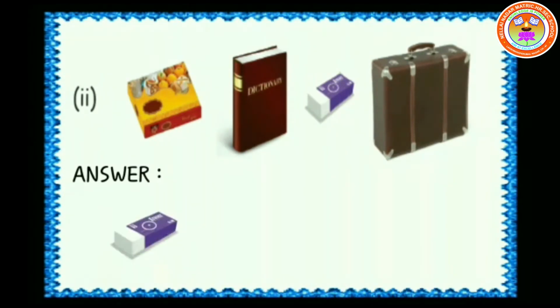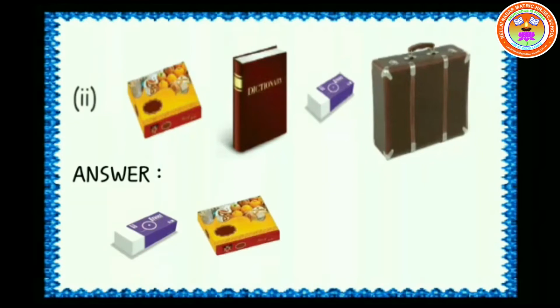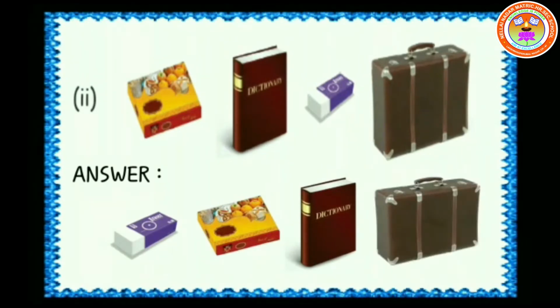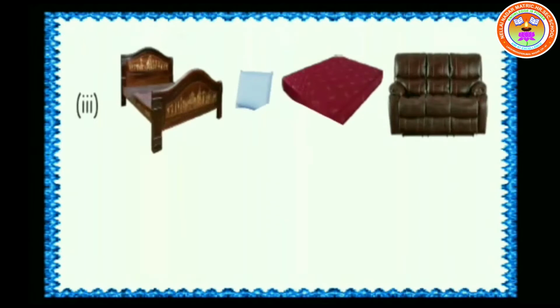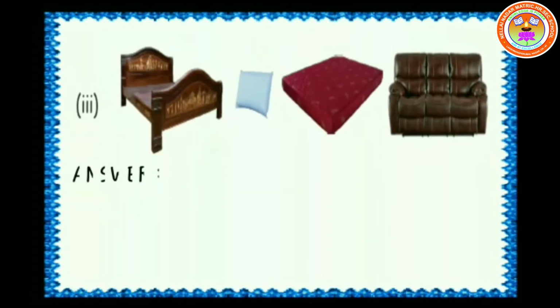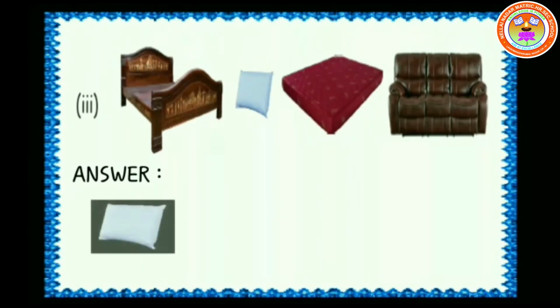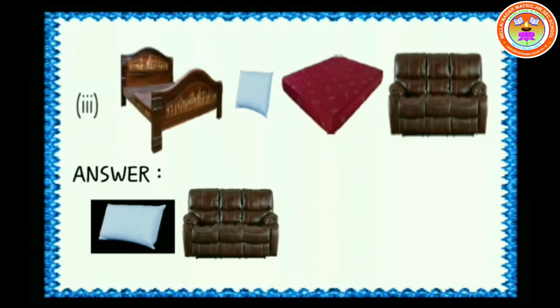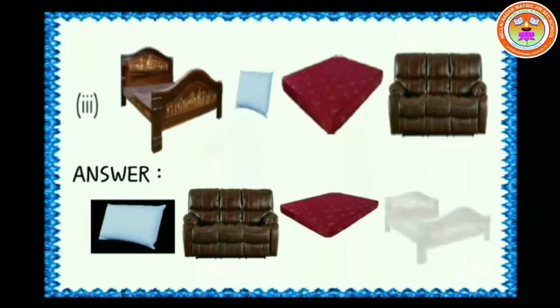Then sweet box. Then dictionary. And then suitcase. In the third one, here the pillow has very less volume. After that, sofa. Then bed mattress. And then last one, wooden cot.